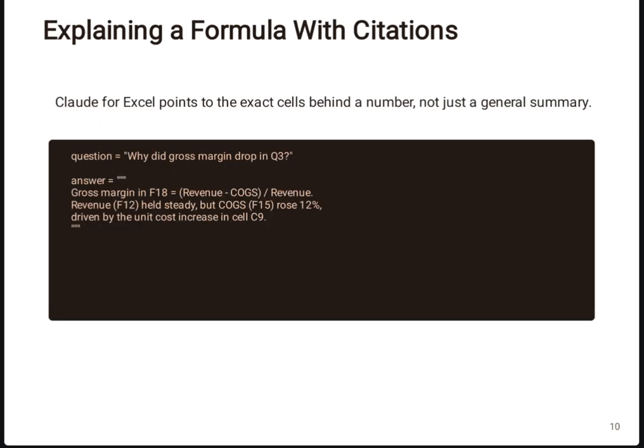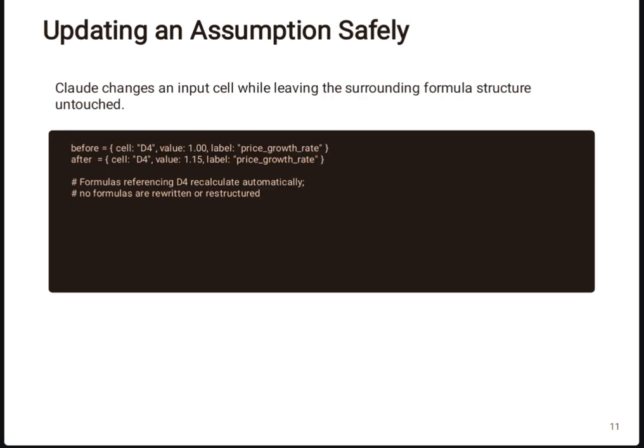Explaining a formula with citations: Claude for Excel points to the exact cells behind a number, not just a general summary. Updating an assumption safely: Claude changes an input cell while leaving the surrounding formula structure untouched.